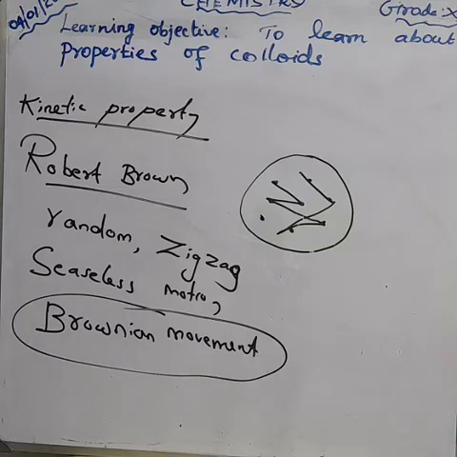Here, Brownian movement enables us three major important points. One is to calculate Avogadro number. Second is to confirm kinetic theory, which considers the ceaseless rapid movement of molecules. Third is to understand the stability of colloids.